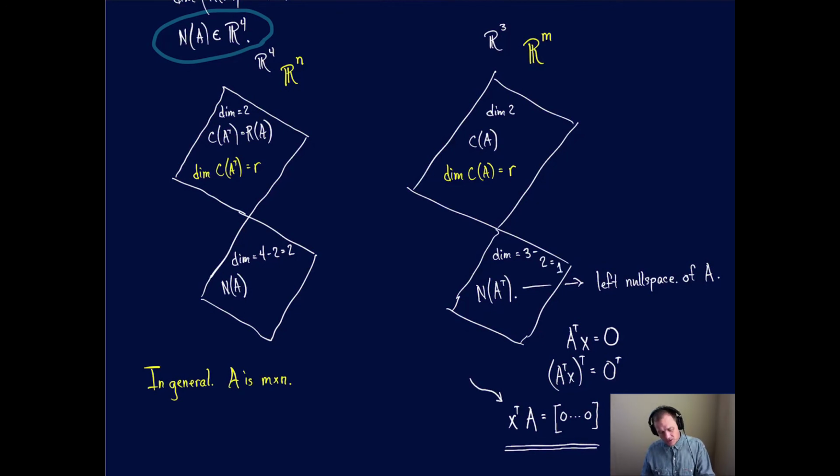Well, let's write this in general now. What do we have? So in general, the dimension of the null space of A is equal to N minus R. And the dimension of the left null space, or the null space of A transposed, is M, the number of rows, minus the rank.